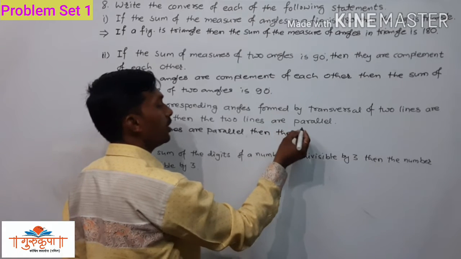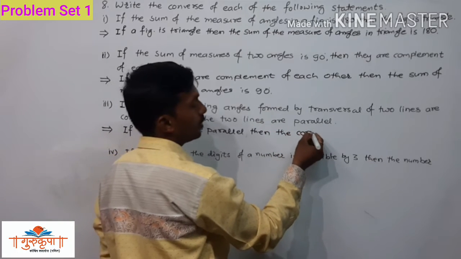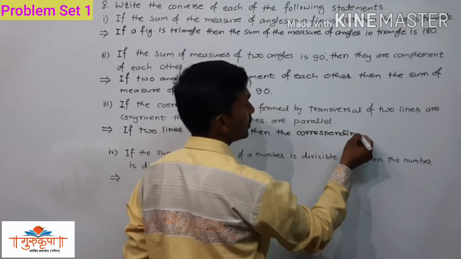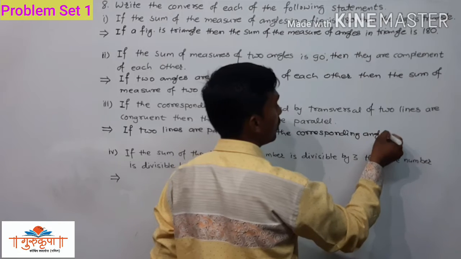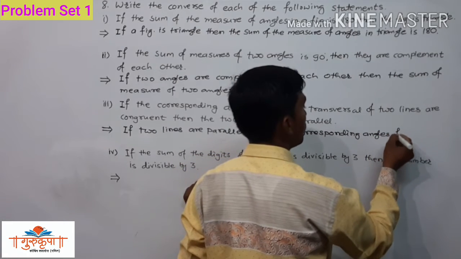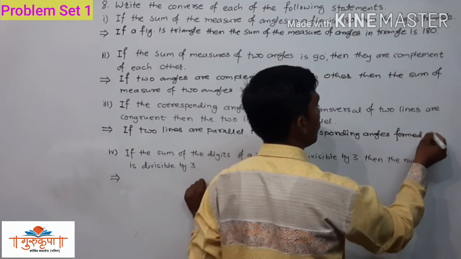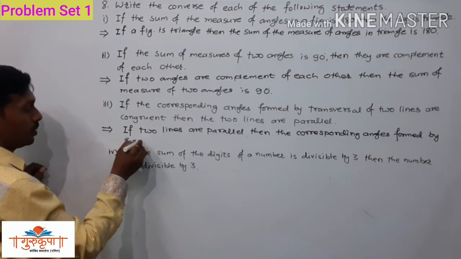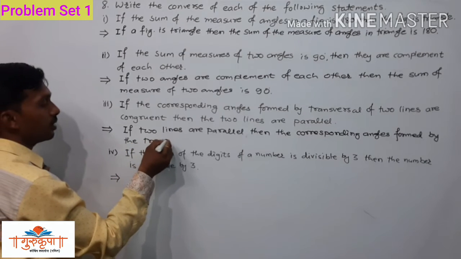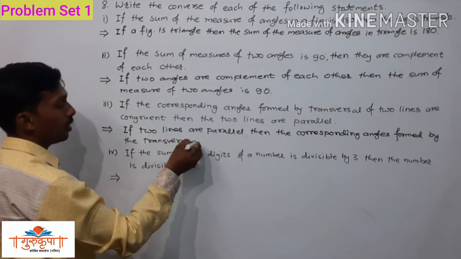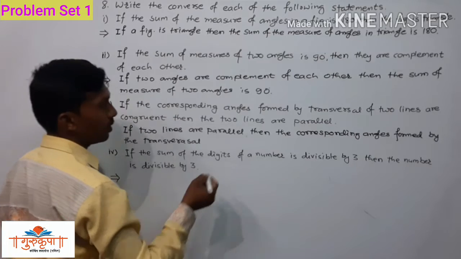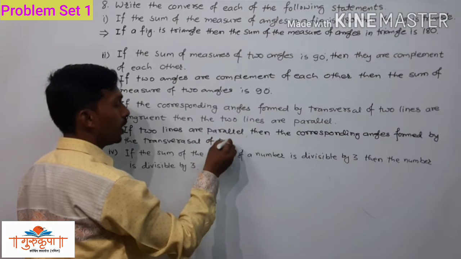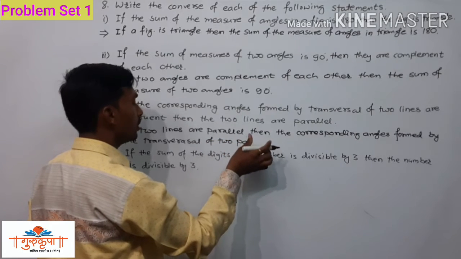the corresponding angles formed by the transversal of two parallel lines are congruent.